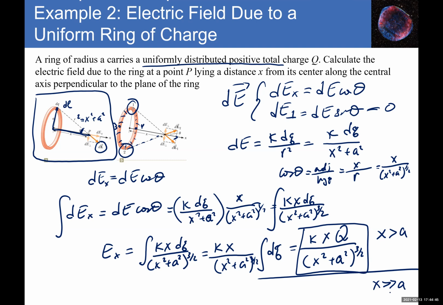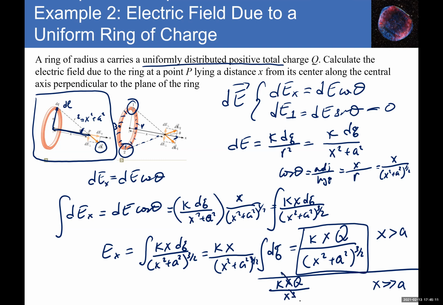If it's really, really far away, that means the point P is really far away from the ring. Then if I come back here, I can say k times x times q over, and I can ignore a. So it becomes x squared to the 3/2, which basically gives me x cubed.